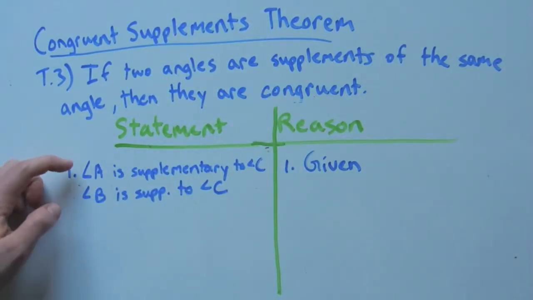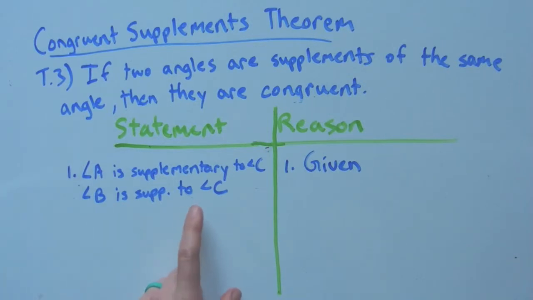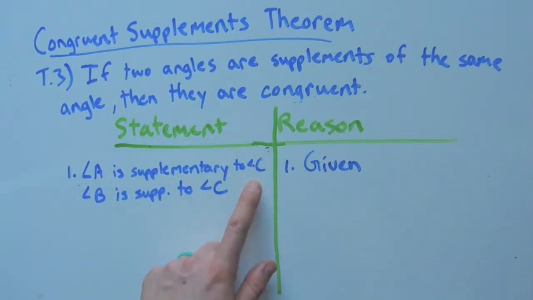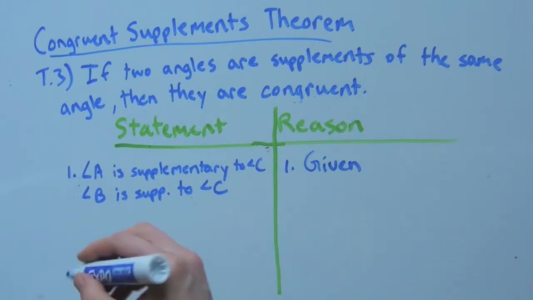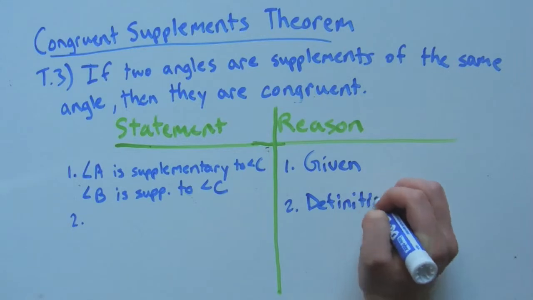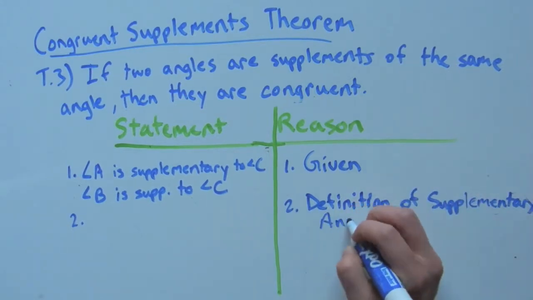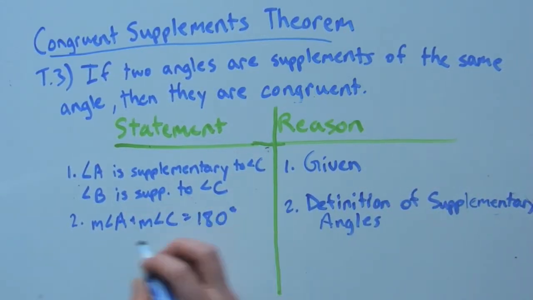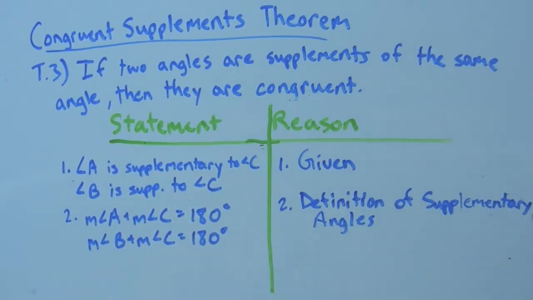Two angles that I named A and B are supplementary to the same angle, angle C. So what exactly does it mean if you have a supplementary angle? Based off the definition of supplementary angles, we have that the measure of angle A plus the measure of angle C equals 180, and the measure of angle B, since it's a supplement to C, plus the measure of angle C, is also equal to 180.